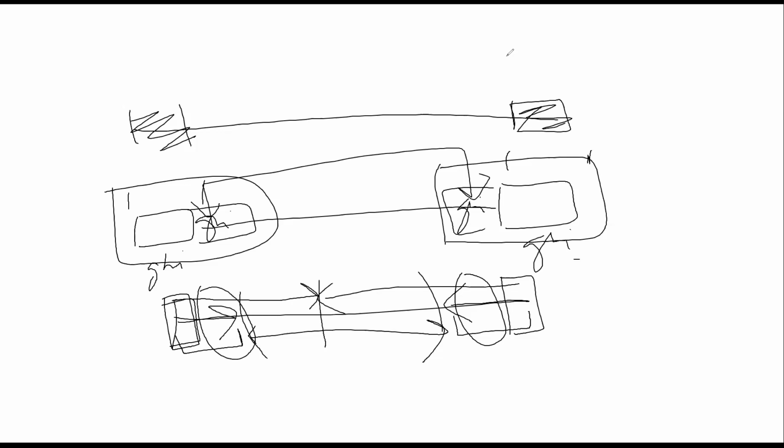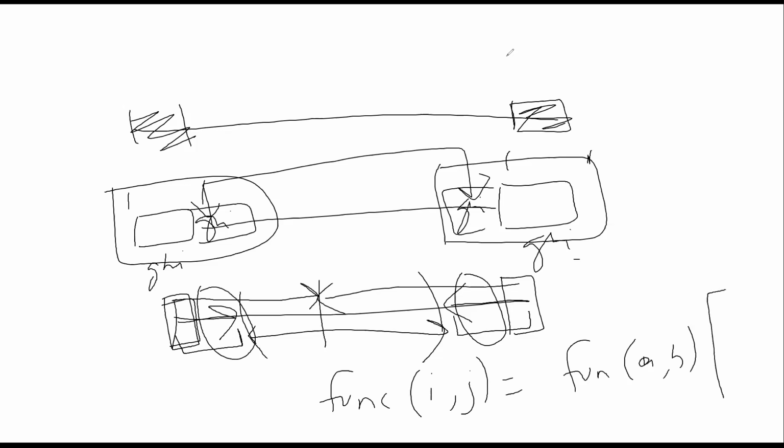Essentially, the recurrence relation becomes: if you have a function from i to j, it is equal to function of a, b, considering i to a is equal to b to j, plus 2.